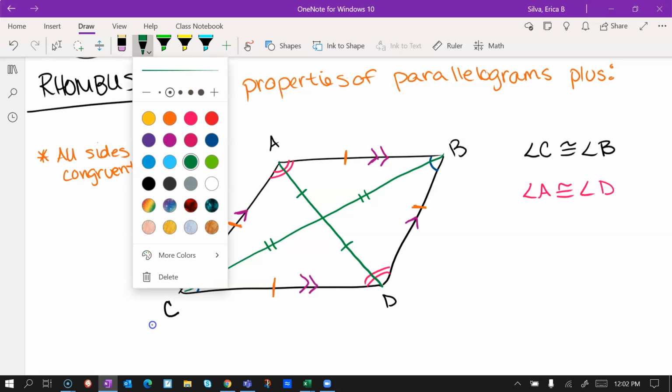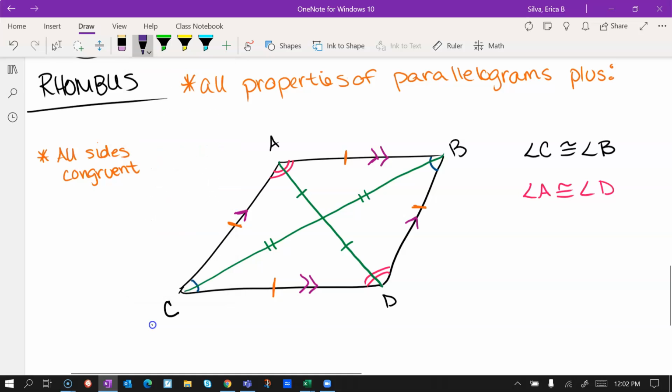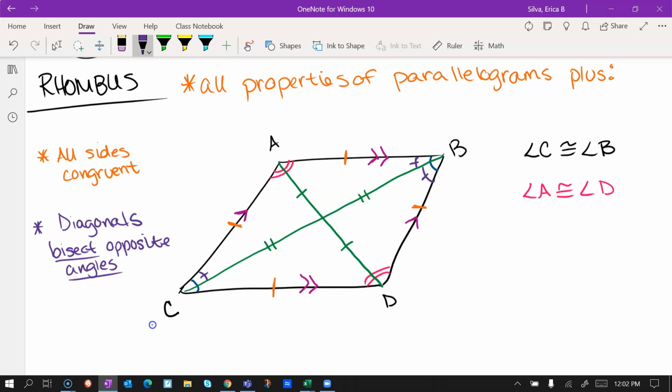And then, just like a square, my diagonals bisect opposite angles, which means that this angle is congruent to this one, and this one is congruent to this one.